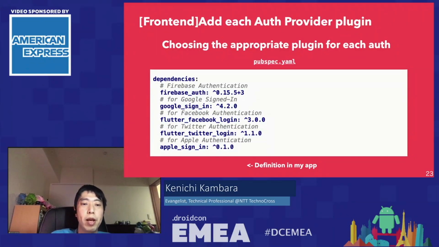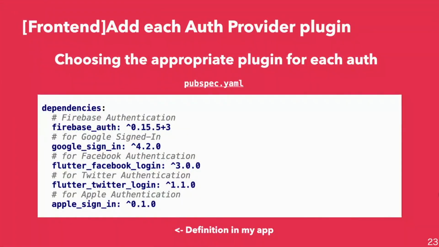For implementing authentication in our apps, we need to add some plugins into the pubspec.yaml of our app. At first, we need to add the first-line Firebase auth plugin. It's an essential and common plugin for using Firebase authentication, but that's not enough.